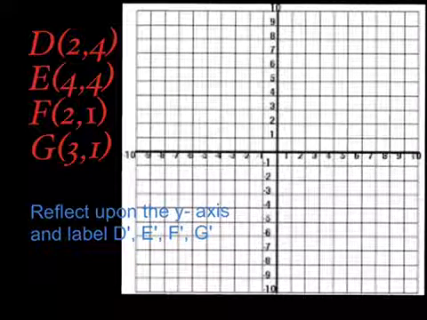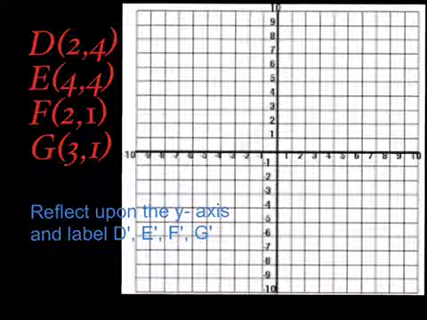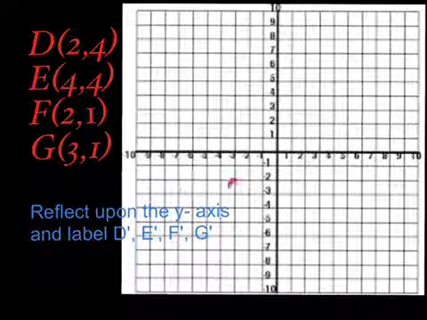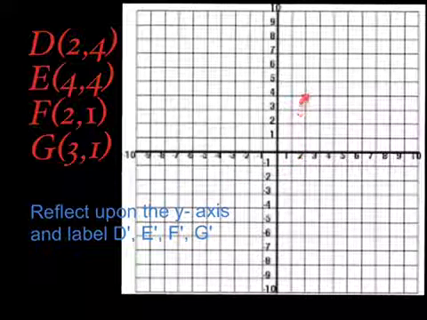We're supposed to reflect upon the y-axis. For our last one, we were over 2, correct? So we went over 2 and up 4. So label over 2 up 4 again.